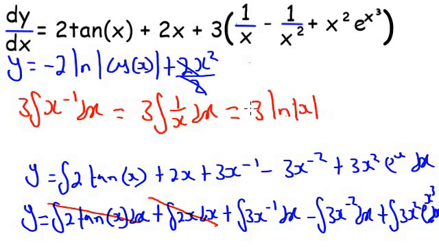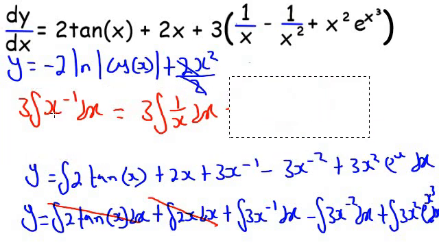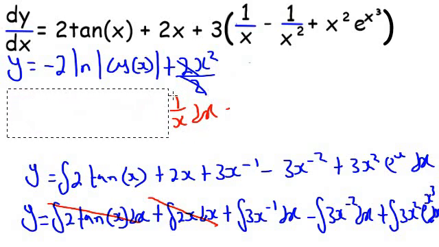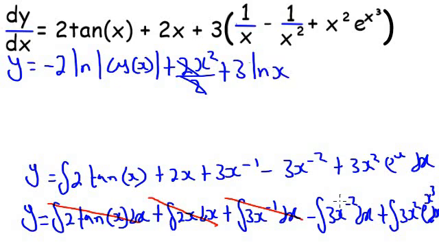So at the end of the day, the integral of 3x raised to the negative 1 with respect to x is simply 3 ln x. And that is it. So I'm going to cross that out of the way. So we are through with this. We got it to actually equal 3 ln x.